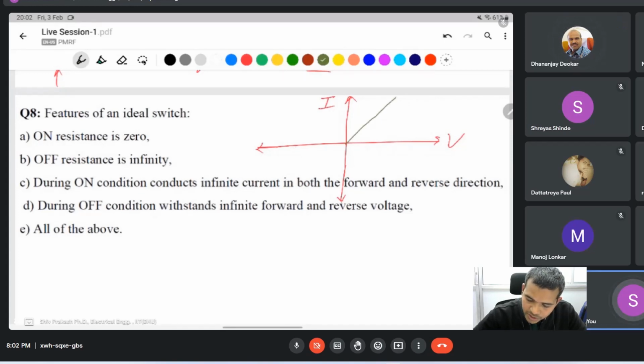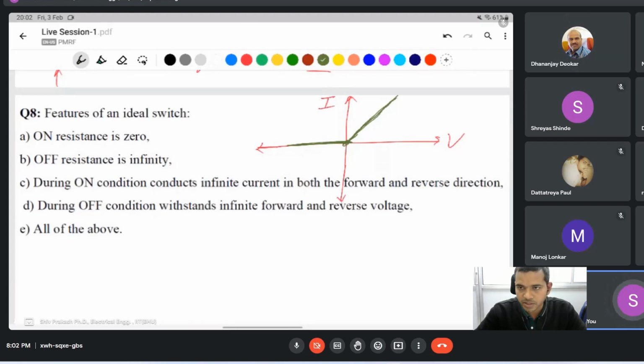This one is the ideal switch's IV characteristic. In forward bias, the current flows from the zero origin. You suddenly apply the voltage, the current will flow. In practical cases, there is a forward voltage drop, a cut-off voltage, and after that current flows.